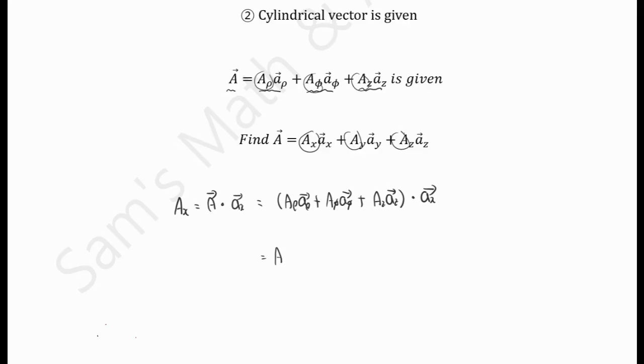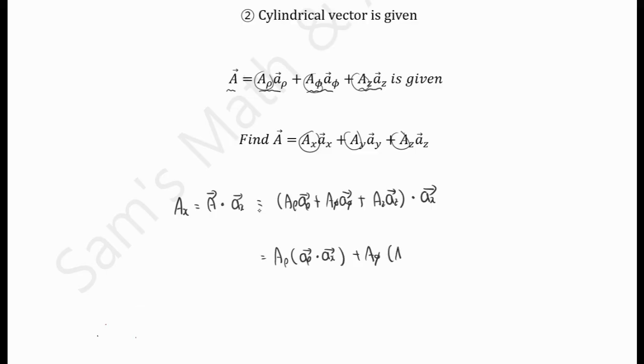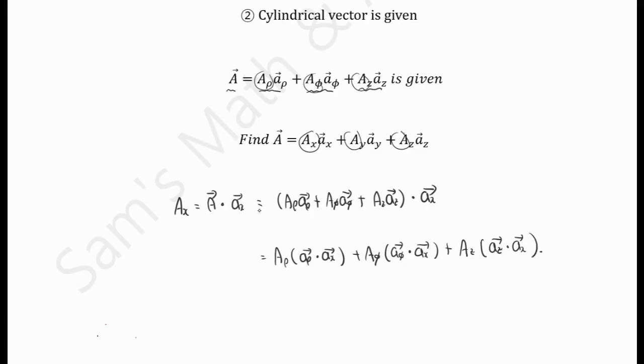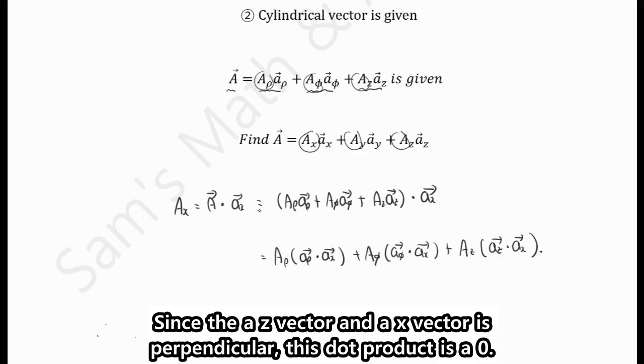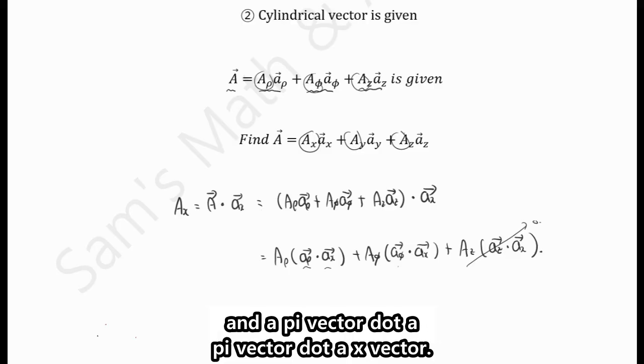Calculating this, Aρ vector dot ax vector plus Aφ multiply Aφ vector dot ax vector plus Az multiply Az vector dot ax vector. Since the az vector and ax vector are perpendicular, this dot product is 0, and we have to find Aρ vector dot ax vector and Aφ vector dot ax vector.